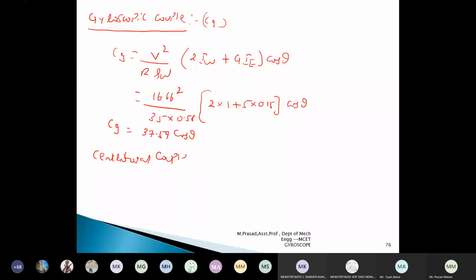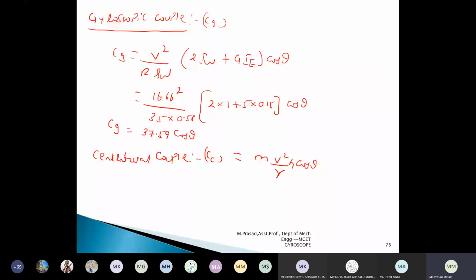Centrifugal couple. Next step, that is CC. What is the formula for the centrifugal couple? M V square by R into H cos theta. Now substitute all the values.